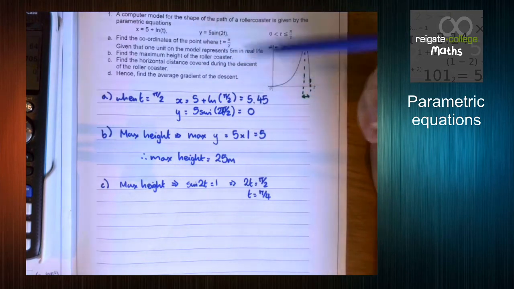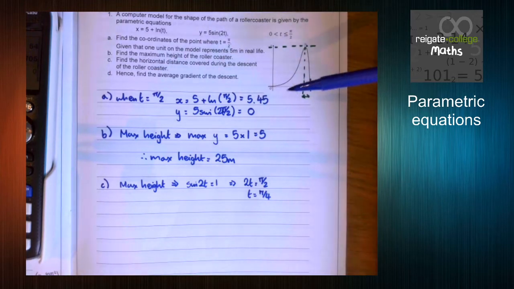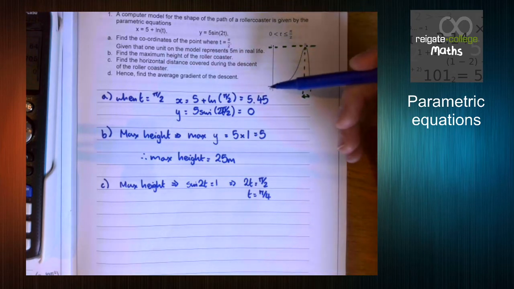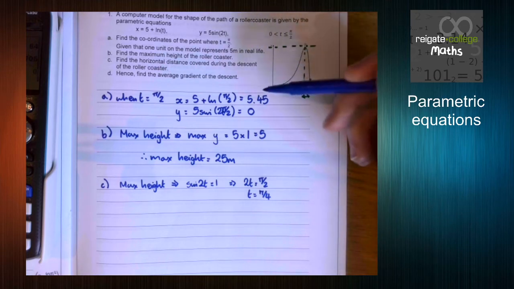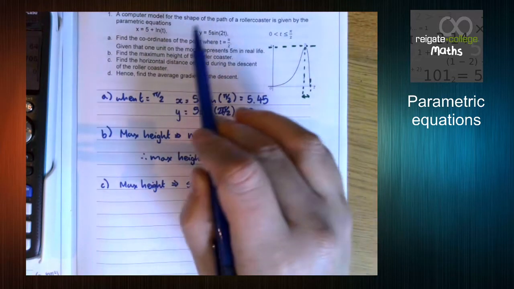This is why quite often for things like roller coasters, buildings, mechanical things, parametric equations will be used, because you can graph distances in two different directions according to a third parameter, maybe time.